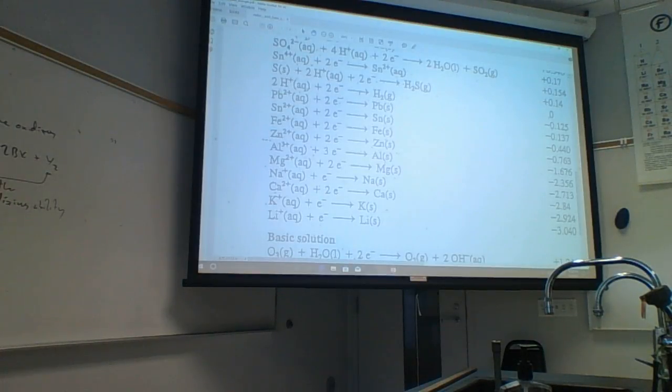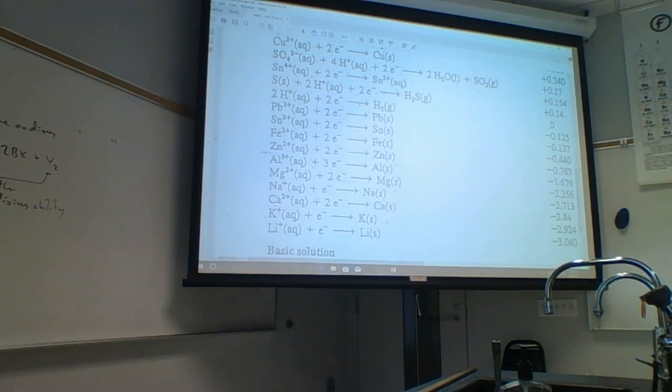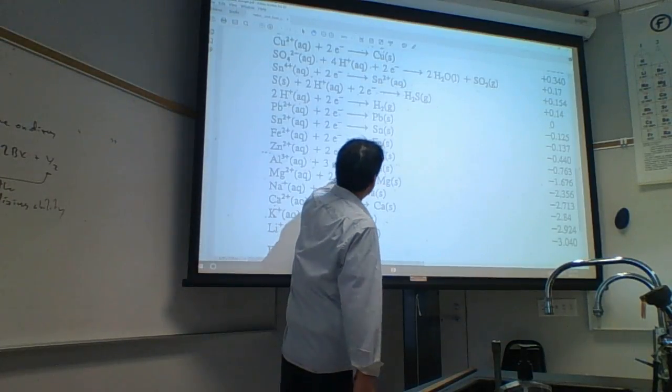Now, the thing we've got to figure out is, this is A plus BX yields, and so what is AX? Well, we have a choice. We have iron 2 chloride or iron 3 chloride. Which one should we go with? Iron 2. Why? Because iron goes to iron 2.